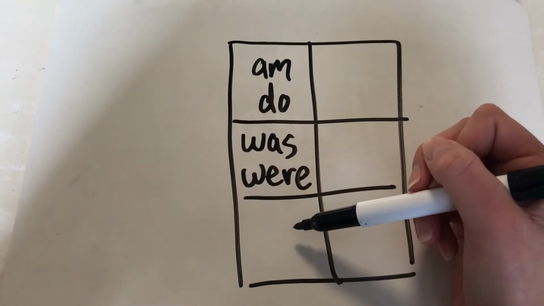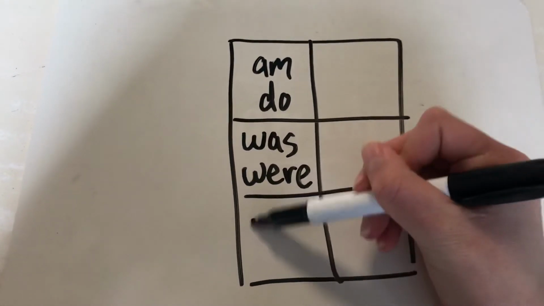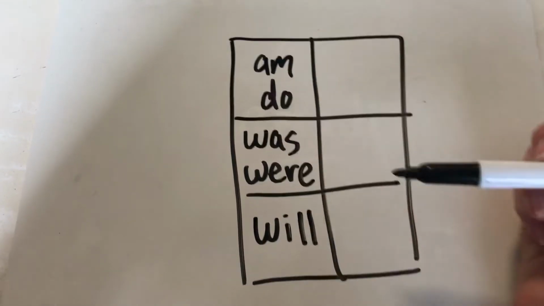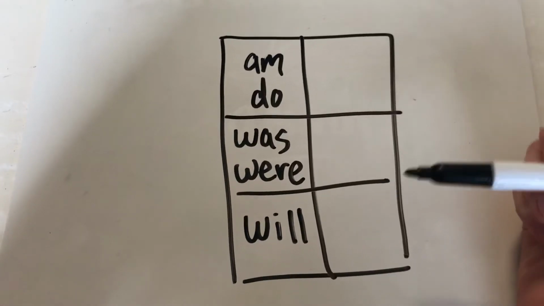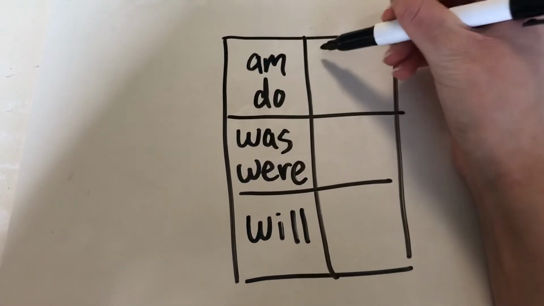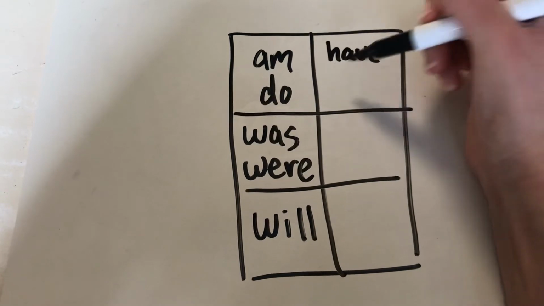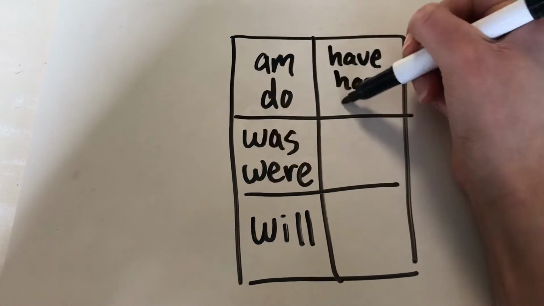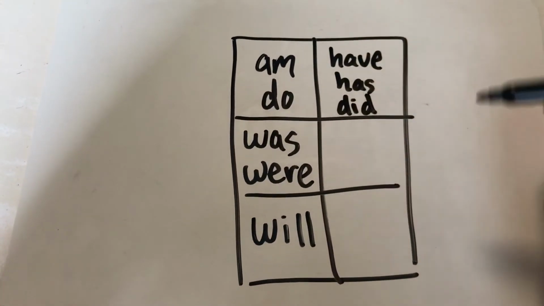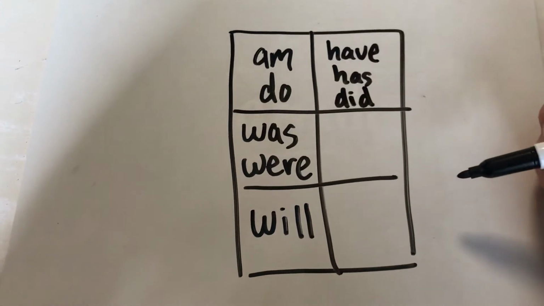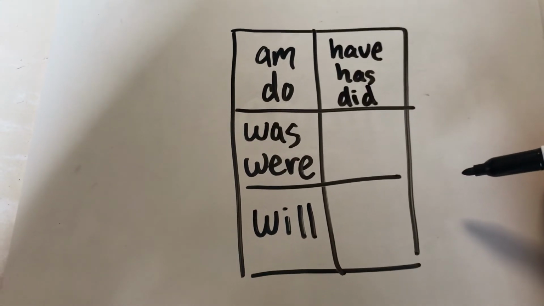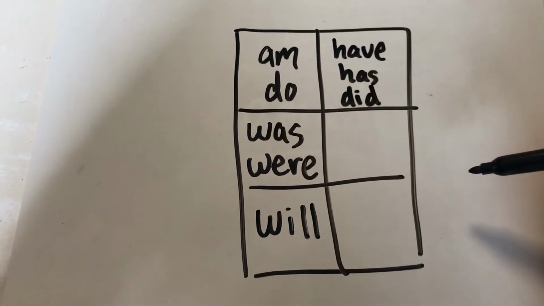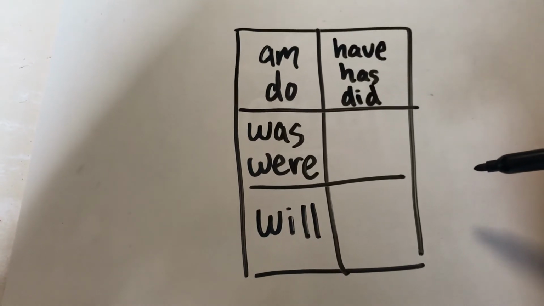And then for future, we have will, something that you're going to do in the future. I will love. For perfect, we have have, has, and did. It's something that you did in the past, only one time, and now it's finished. I have loved, I did love, or just I loved.